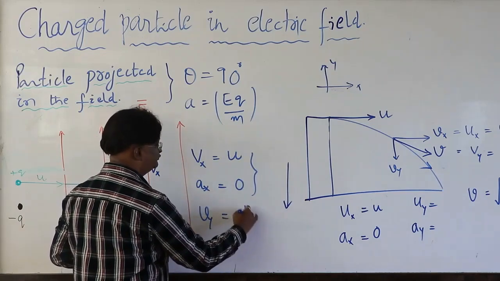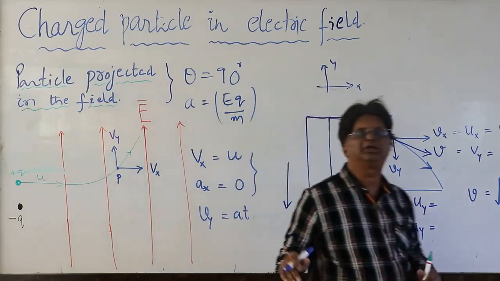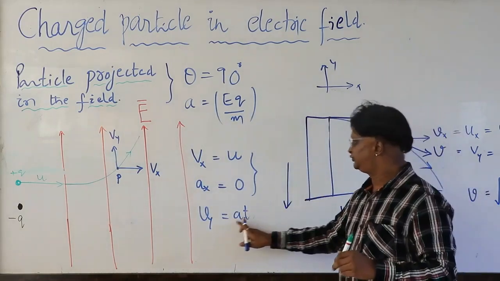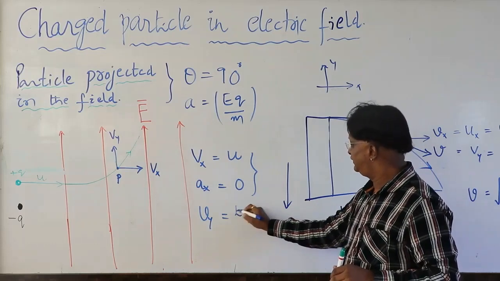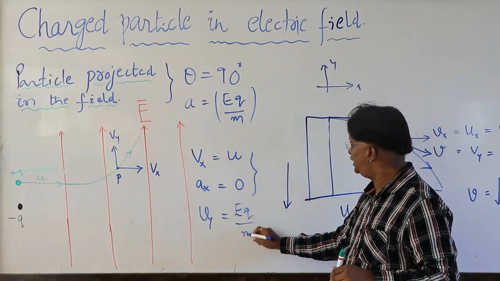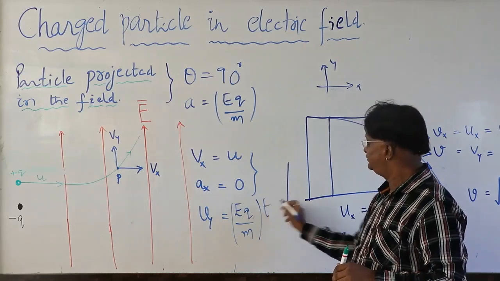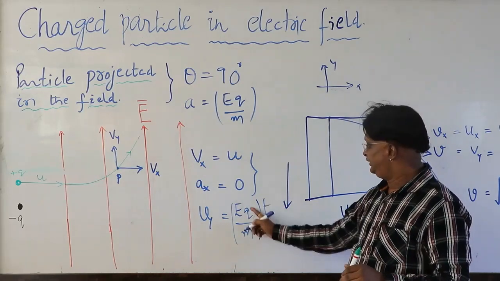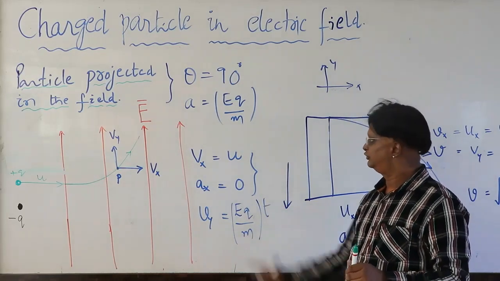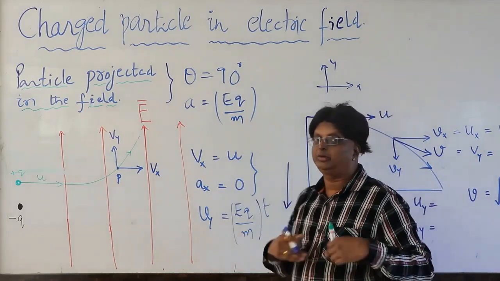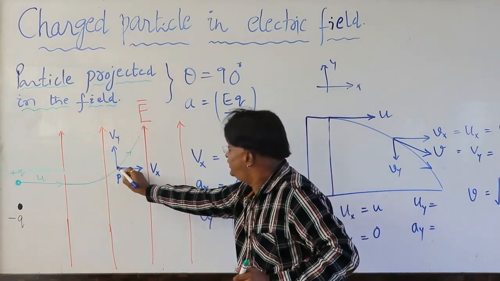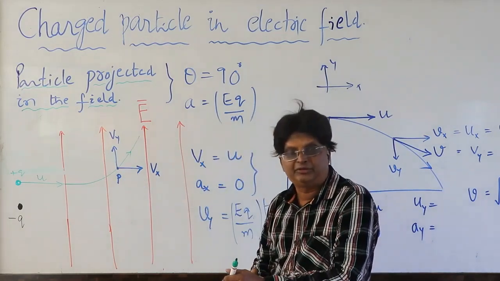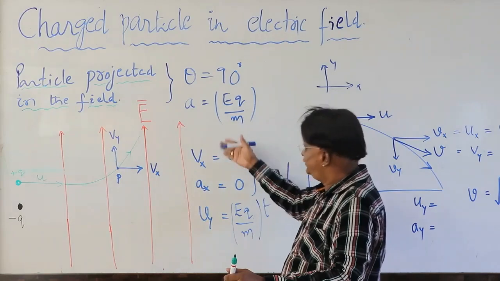Vy is v is equal to u plus at, if the time relation is given. v is equal to at. In the place of a, I will use Eq by m times t. So this is Vx and Vy. Now what is the total, the instantaneous velocity of the charged particle? So this is how we have calculated.